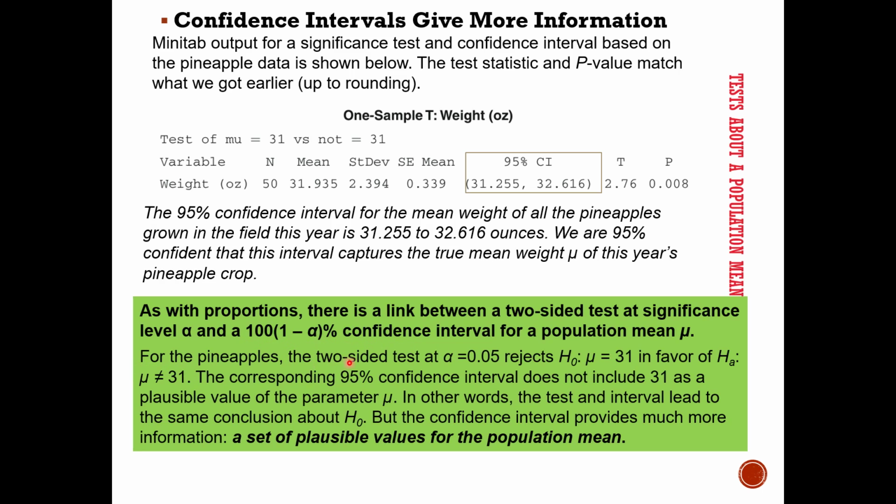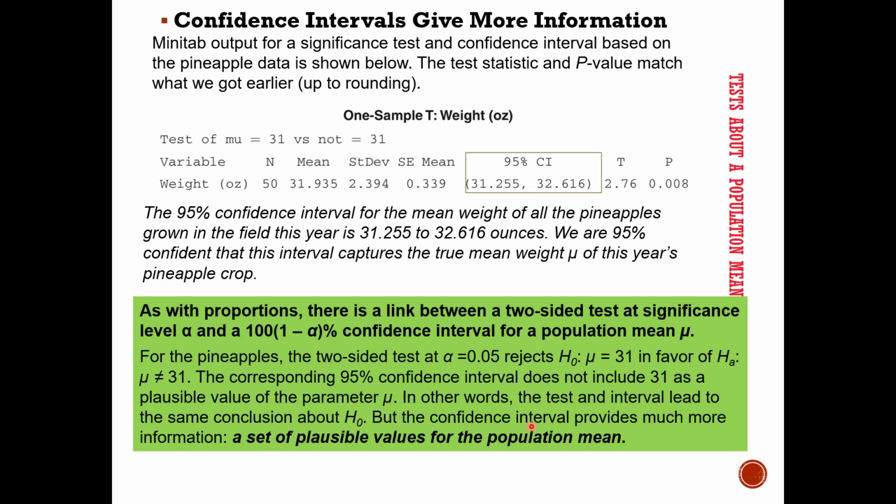So for the pineapples, the two-sided test at alpha equals 0.05 rejects H0, and the corresponding 95% confidence interval does not include 31 as a plausible value of the parameter. So basically, the test and the interval agree. They come to the same conclusion about H0.